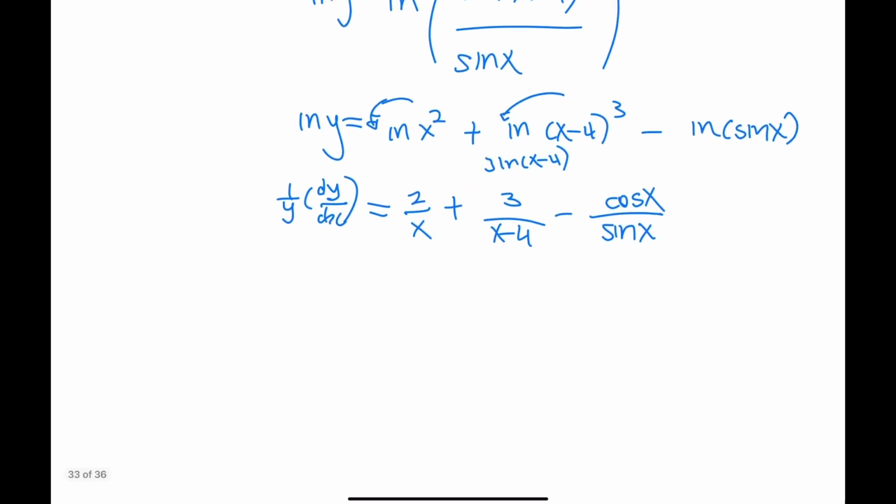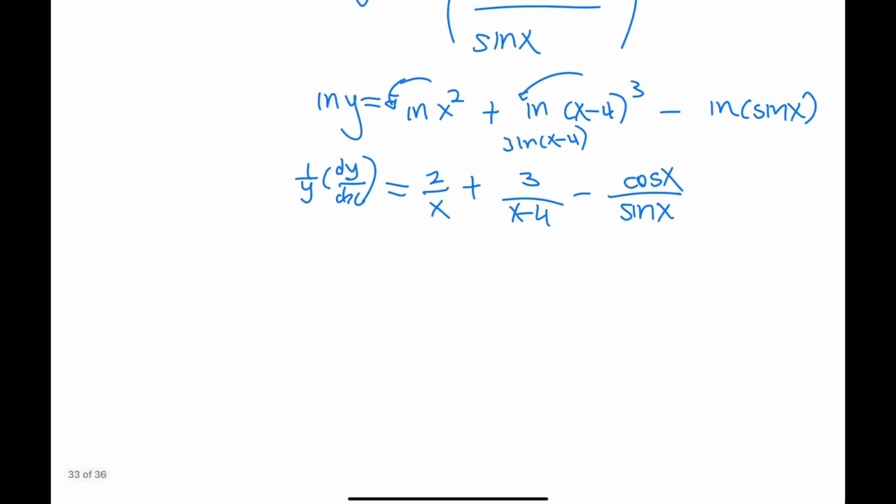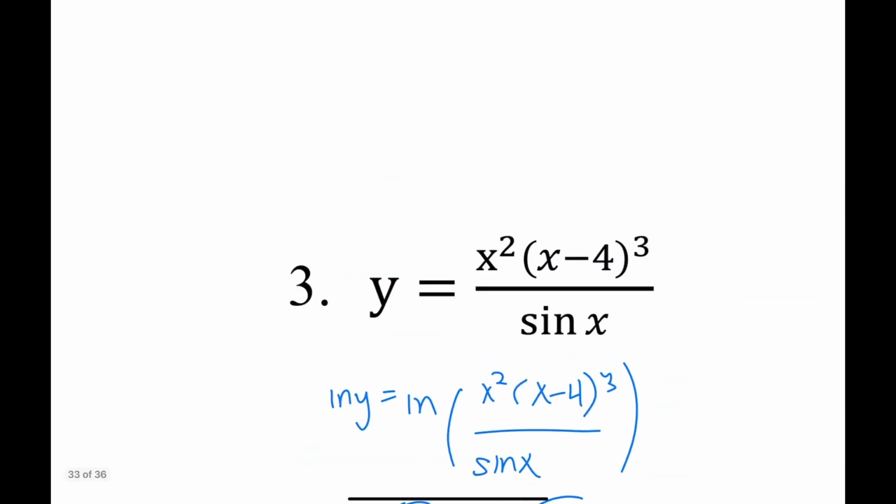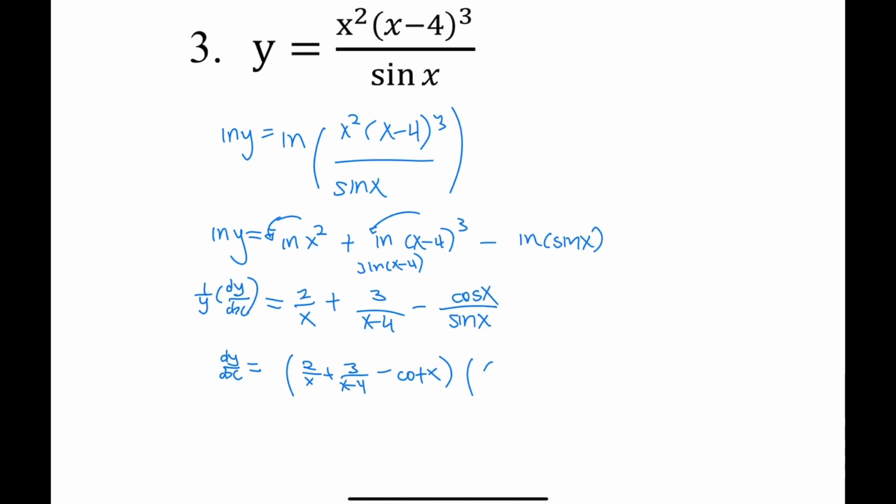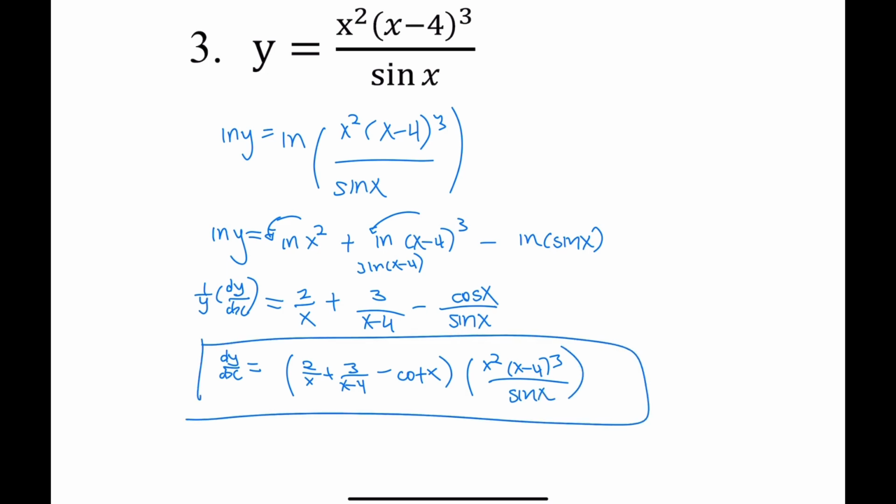So dy over dx would ultimately equal 2 over x plus 1/3 over x minus 4 minus cotangent x, all times x squared times (x minus 4) to the 1/3 over sine x. Okay, so this is really our answer.